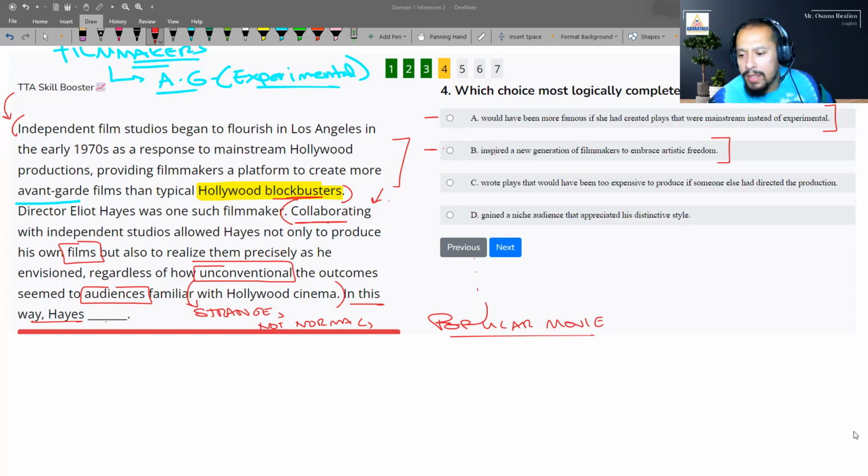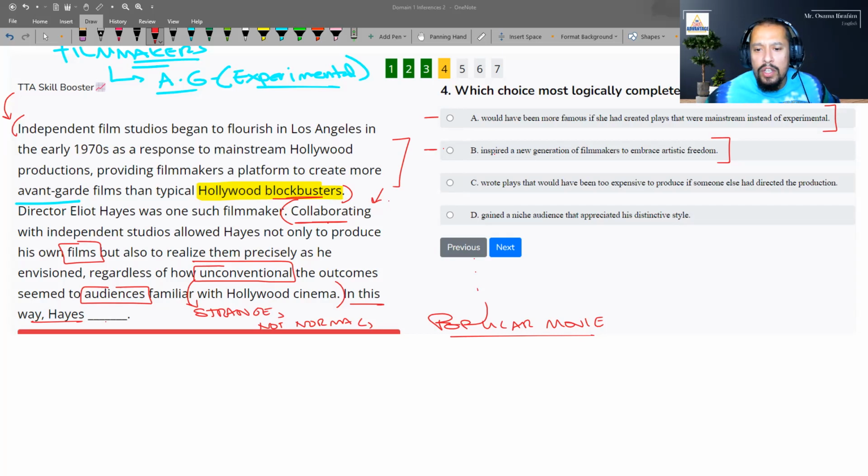Okay. Sama told me answer D. Yes. So why did you tell me answer D, Sama? Because she's different and she has an unconventional outcome.